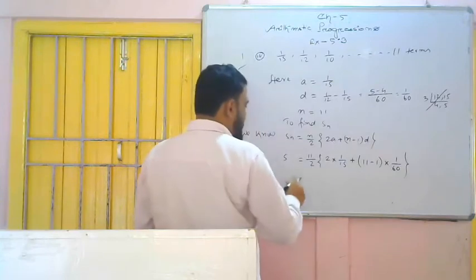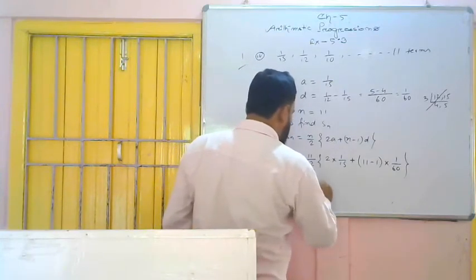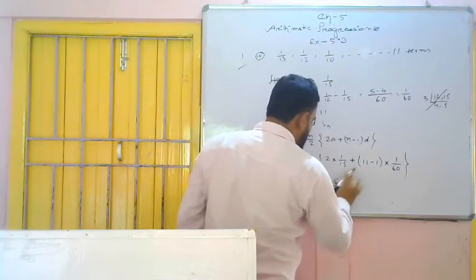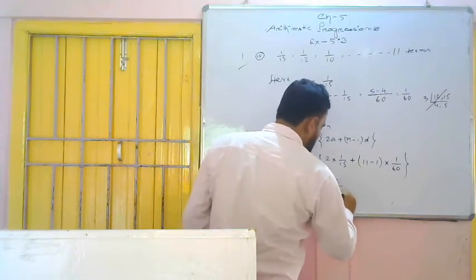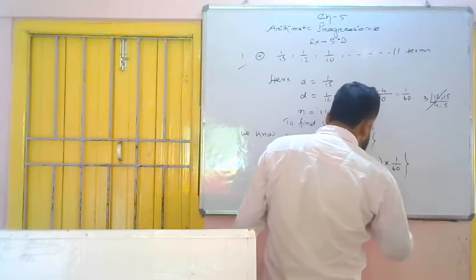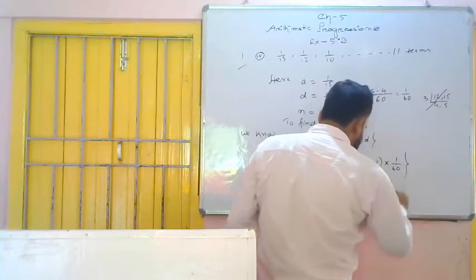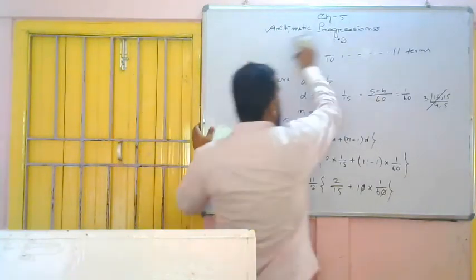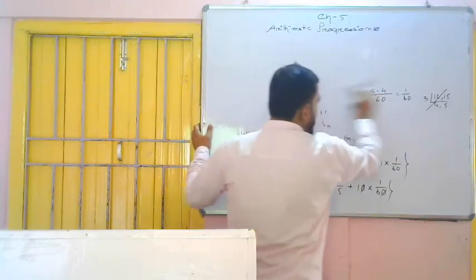Now proceed like this: 2 by 15 plus 10 into 1 by 60. If you continue with the calculation, you will get the result.